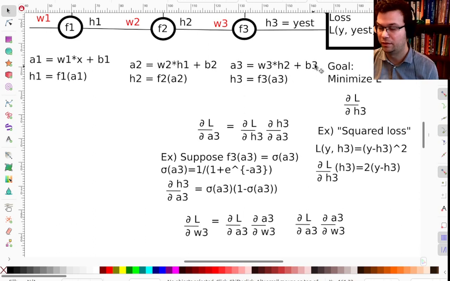B3 is a constant when I'm considering this derivative. So it's just the W3 that varies times a constant H2. So that turns out to just be H2. So that's going to be H2 times the derivative of L with respect to A3. Okay, so that's the derivative of the weight there.